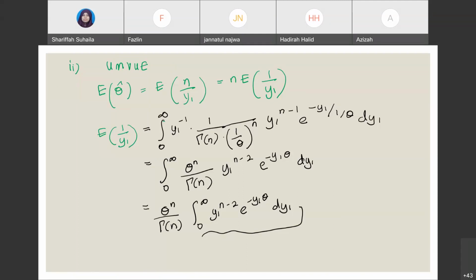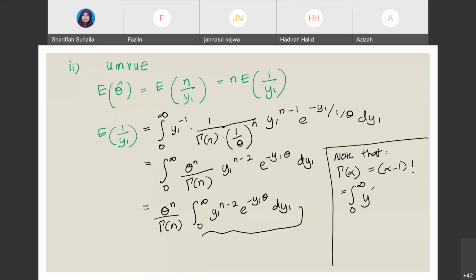So untuk ini, dia punya catatan dia. Kalau kita ada gamma function, gamma alpha, tadi saya tulis gamma alpha is alpha minus 1 factorial. Satu lagi, gamma alpha ni also can be written as integral 0 infinity, y alpha minus 1, exponential negative y, dy.